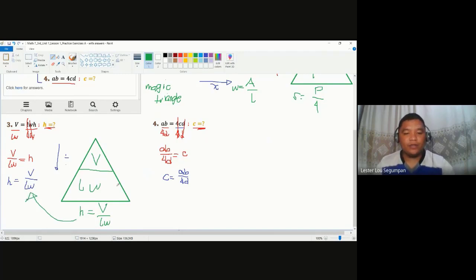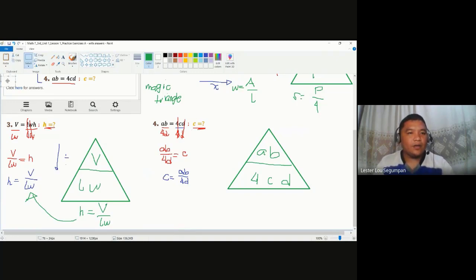Even in number 4, wherein we have two variables in your left hand side, you simply place them here still. So the upper portion of your magic triangle will contain A and B because those are the variables found in your left hand side, and your lower portion shall contain C and D, which are actually the variables in your right hand side. And since we would like C, let's cover C, and we have that.